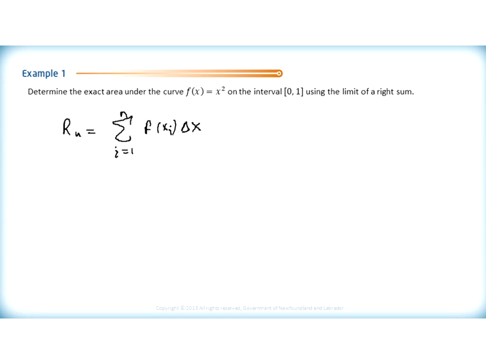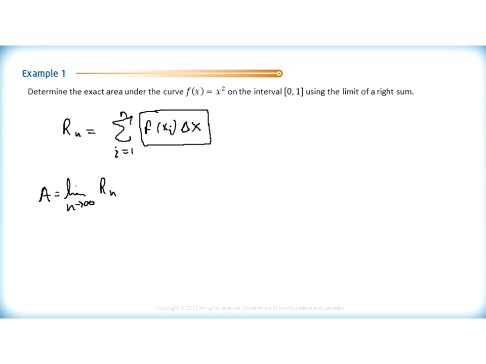So what we have to do is try and break all this down so we can get everything inside here in terms of n, so that if I want to find out the exact value, I can get the exact area as being the limit as n approaches infinity, and I have everything I need in terms of n in one tidy package.